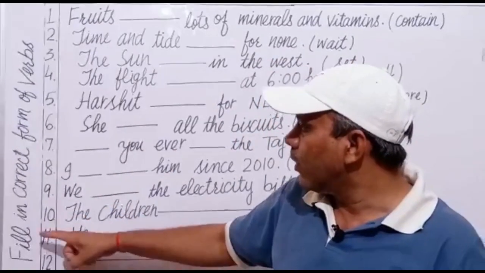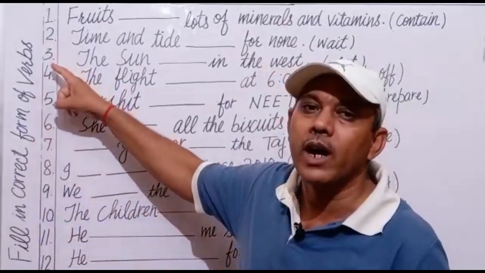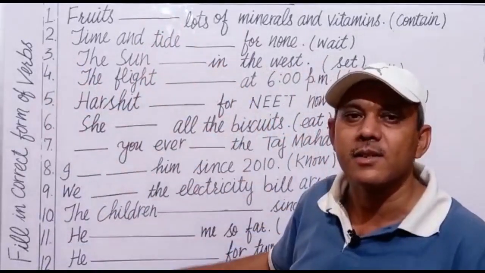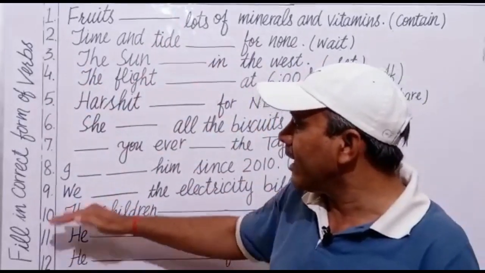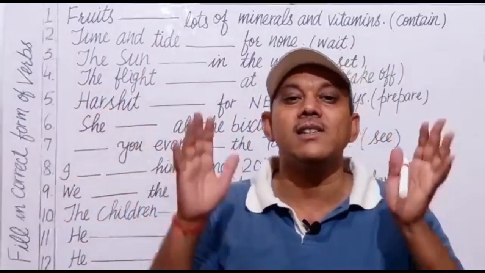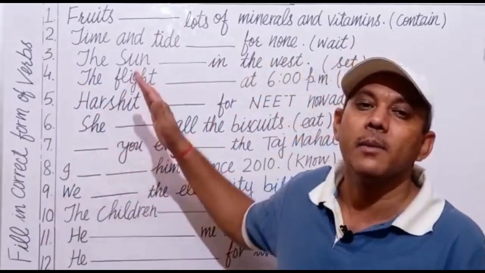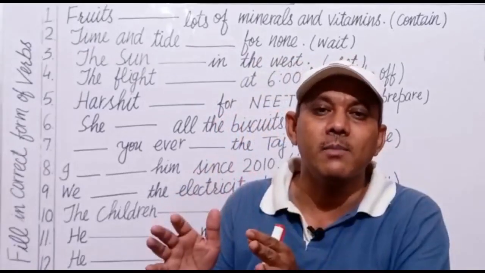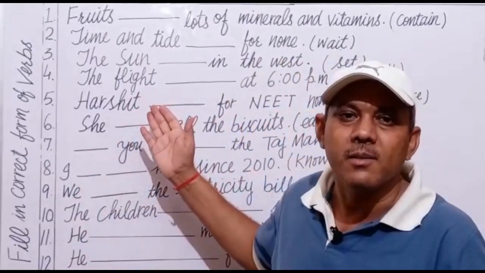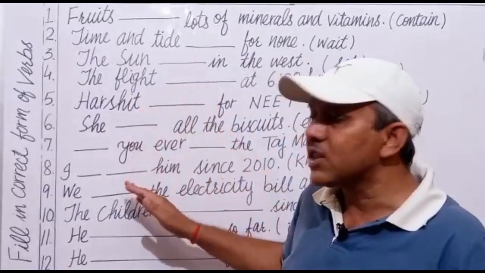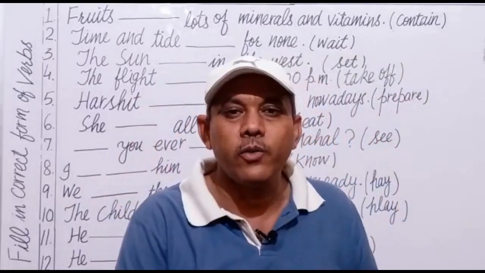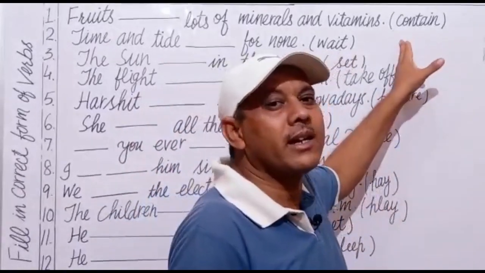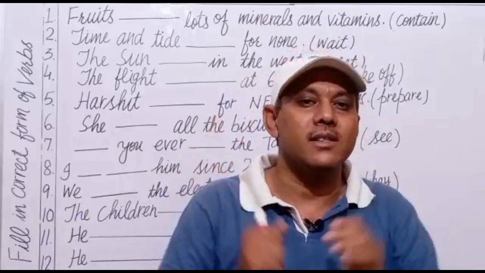You have to fill in correct form of verbs in these sentences. Filling in correct form of verbs is generally asked in examinations, either non-board exams or board exams or competitive exams. You are asked to fill in the correct form of verbs given in the brackets against each sentence.